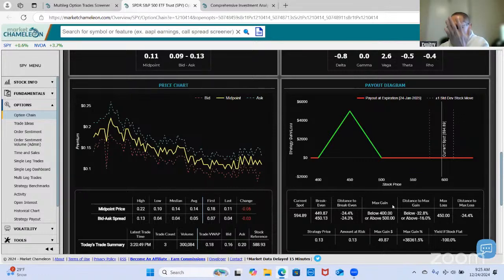If it goes from 13 cents to, let's say, 26 cents, well, that's 100% return. So does that spread fluctuate? Let's take a look at how it performed on the previous day. So that's what this is, the price chart of this spread.